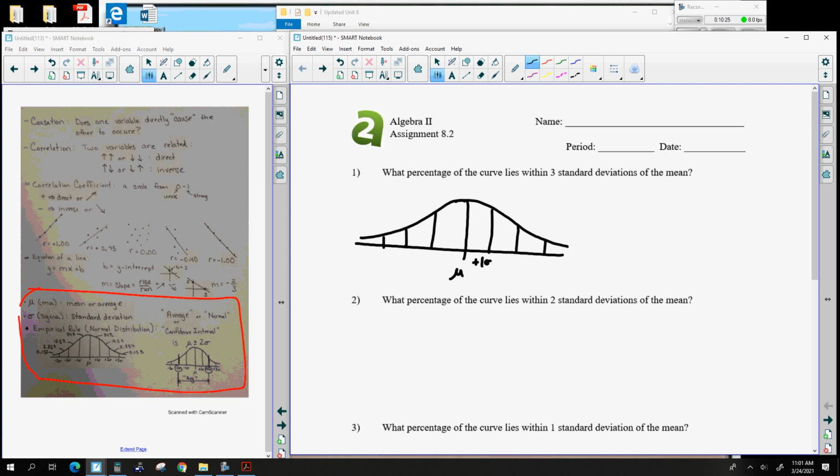We go up 1 standard deviation, 2, 3, and down 1, 2, 3. They want to be within 3 of the mean, so within 3 up to 3 down.